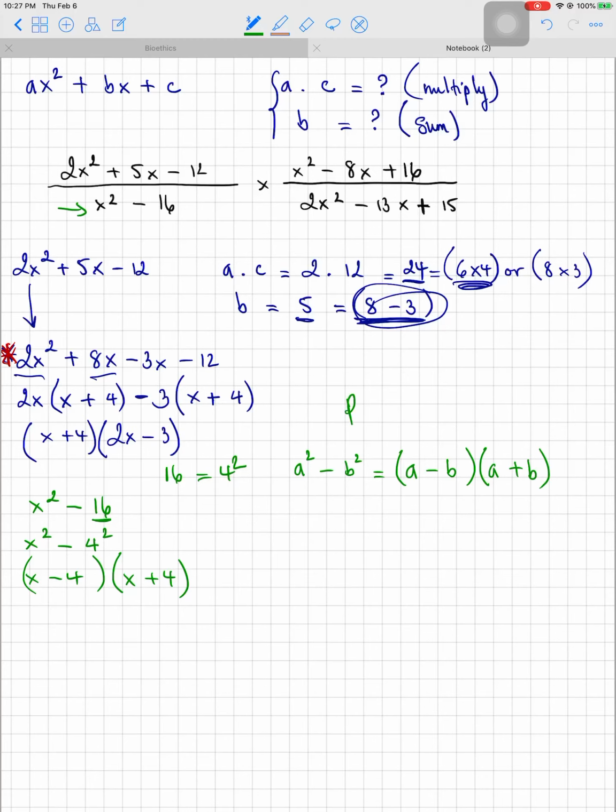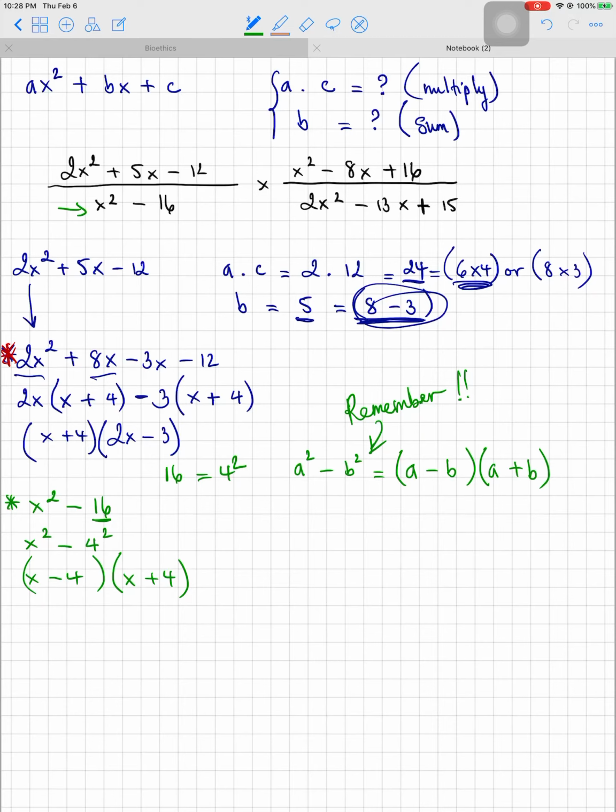This is something you have to remember. That's the equation you have to remember. So we're done with the second one. I want to mark it green.